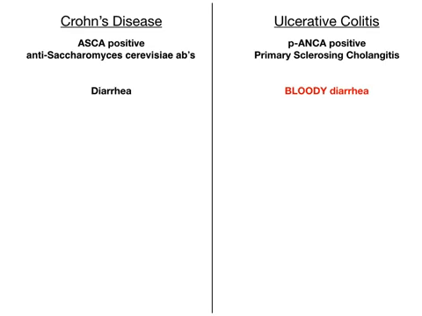In Crohn's disease, it's going to present with diarrhea, and in ulcerative colitis, it's also going to present as diarrhea, but it's much more likely that that diarrhea will be bloody. Now, the reason that it's more bloody in ulcerative colitis is because you have the formation of more ulcers, and ulcers tend to bleed very, very heavily. So if you understand the ulceration formation of UC, then bloody diarrhea makes more sense.